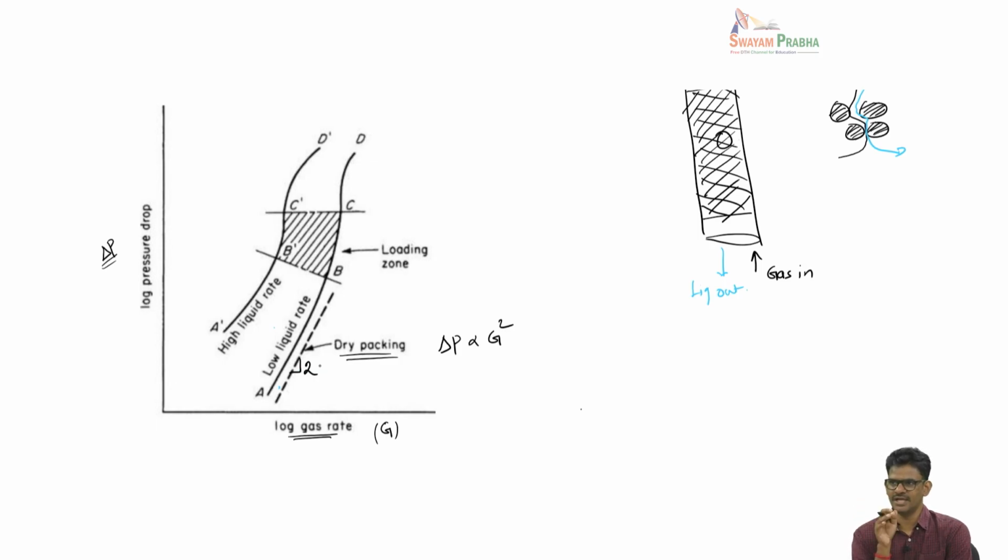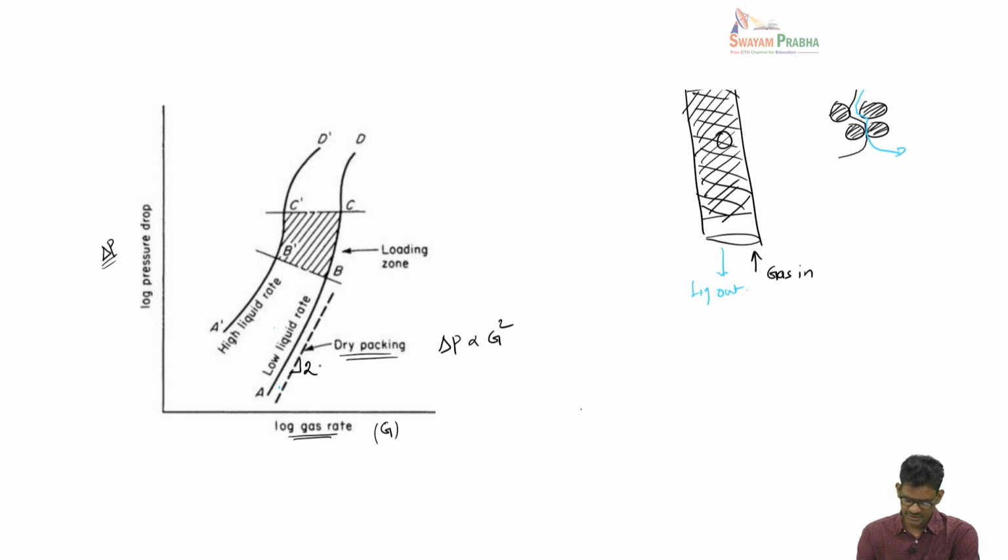Okay. Now, let us say you start turning the liquid in. When you start the liquid in from the top, the liquid will flow through this porous path, and it will limit the available volume for the gas to flow in. So, this will definitely lead to an increase in the pressure drop.